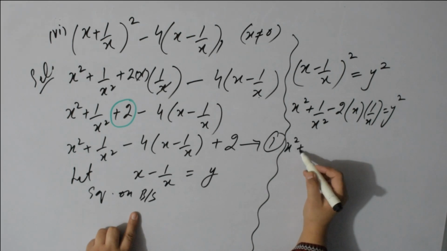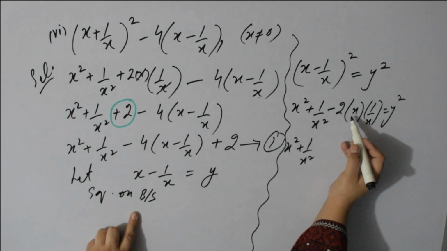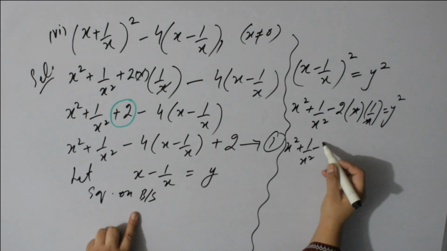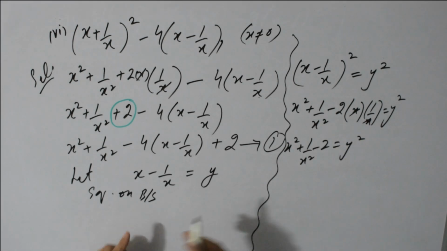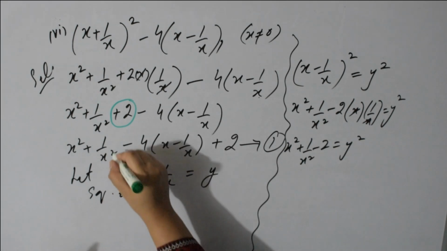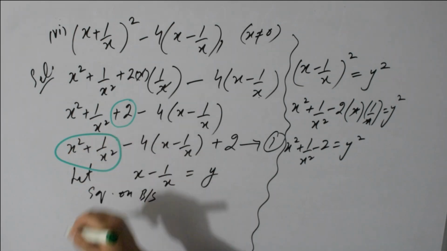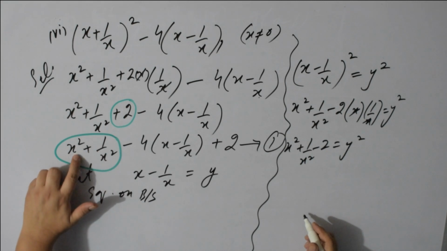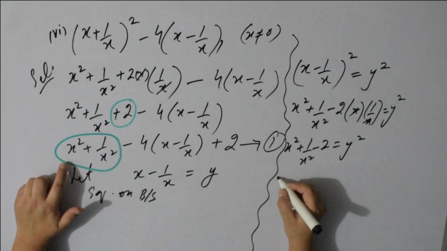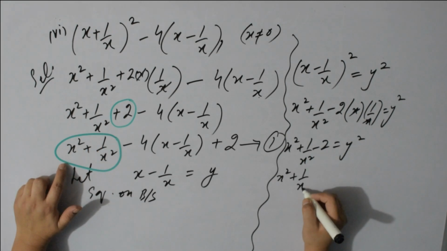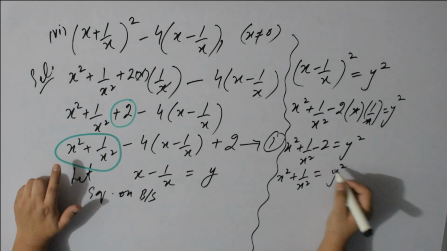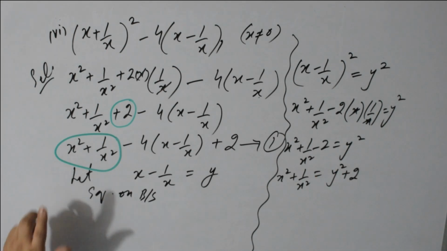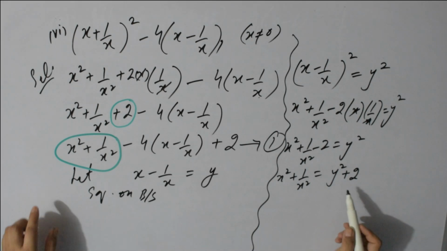So x square plus 1 by x square, this x cancels with x, minus 2 is equals to y square. I just need the value of this first term, okay, which consists of again two terms, x square plus 1 upon x square. So x square plus 1 upon x square we leave here, shift this minus 2 to the other side, so it becomes y square plus 2.